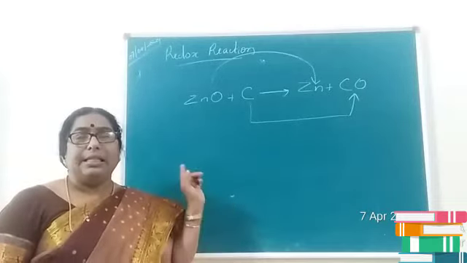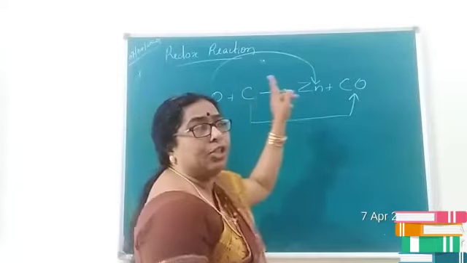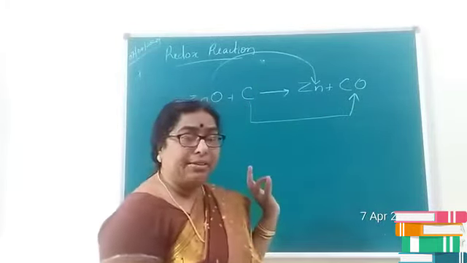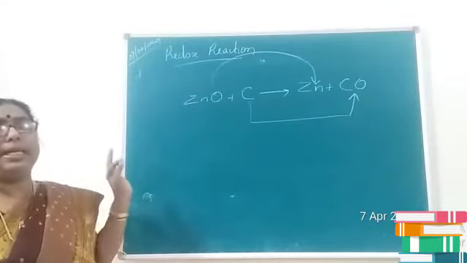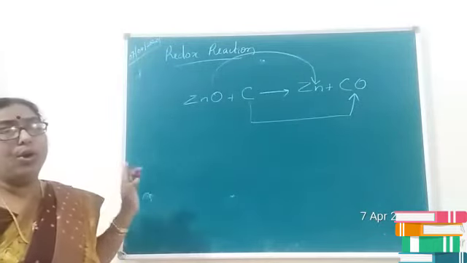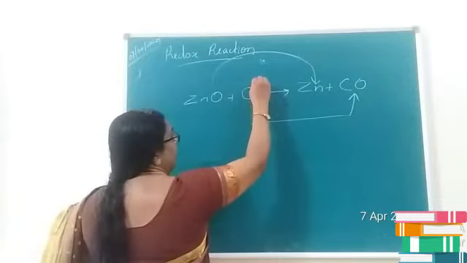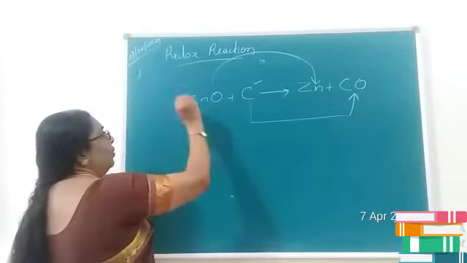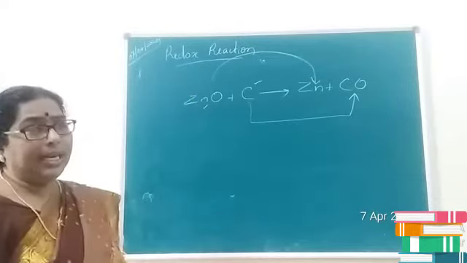Is it clear? The reaction in which oxidation and reduction take place simultaneously is termed as redox reaction. The element which undergoes oxidation is termed as reducing agent, and the substance which undergoes reduction is termed as oxidizing agent.